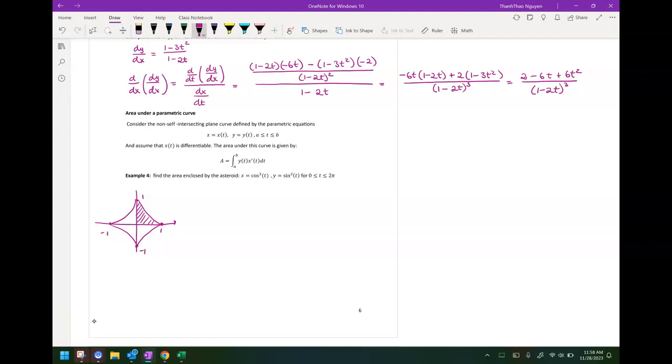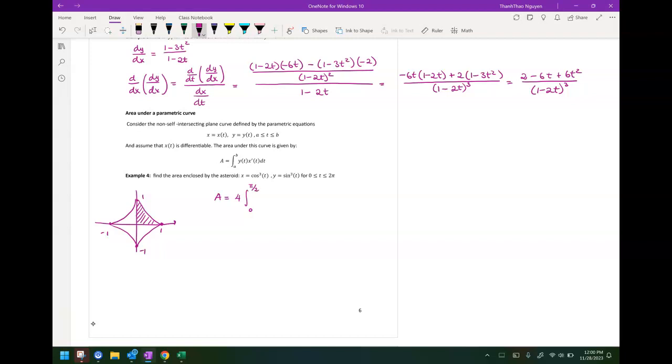So I can go ahead and calculate the area as follows. The area is calculated from 0 to 1, from 0 to pi over 4. No, pi over 2, because we split the curve into 4 pieces.